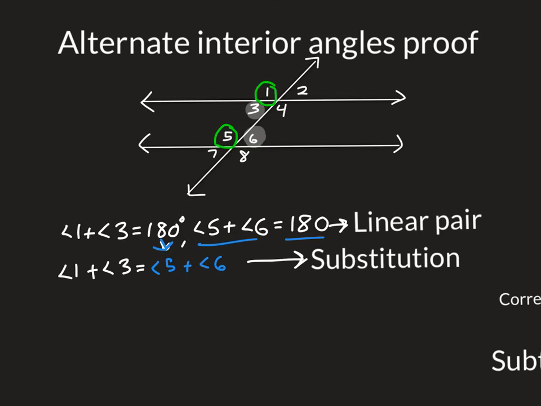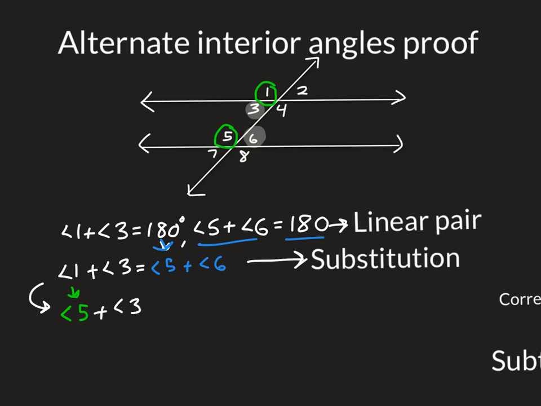So angle 1 and angle 5 are going to be the same. Where I see an angle 1, I can replace it with an angle 5. I'm rewriting that previous step, but instead of angle 1, I'm going to write angle 5, because 1 and 5 are corresponding angles, therefore they're congruent or equivalent.